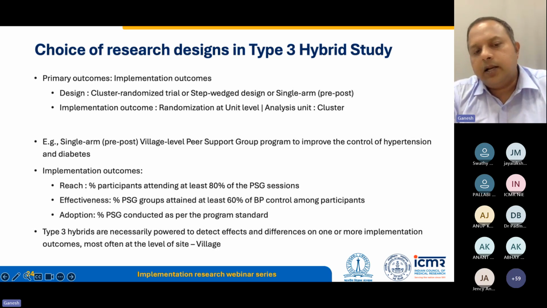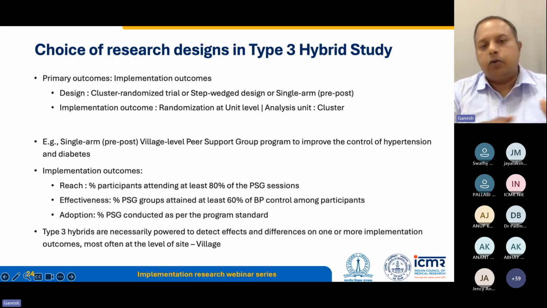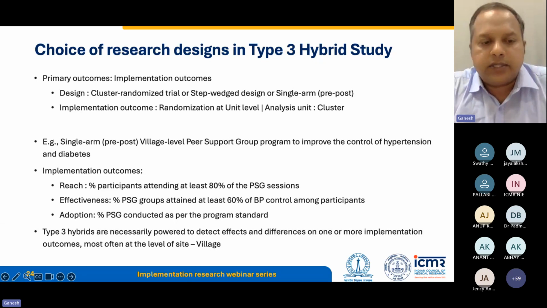You can clearly see that some of them are quantitative and some can be done qualitatively. For example, what are the reasons and barriers of conducting peer support groups at the village level in the community? Here you need a qualitative design in order to answer that particular question.